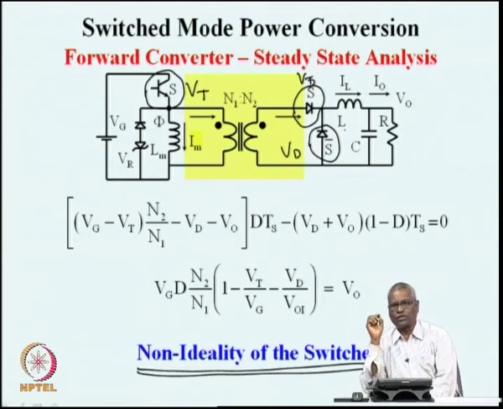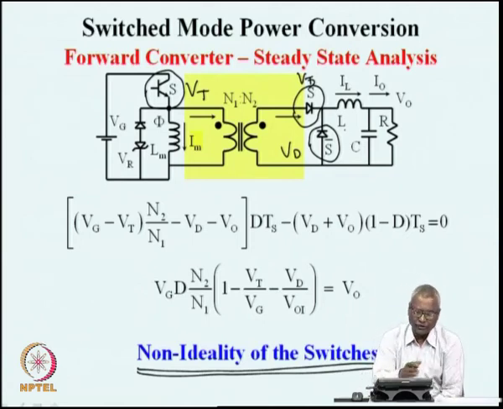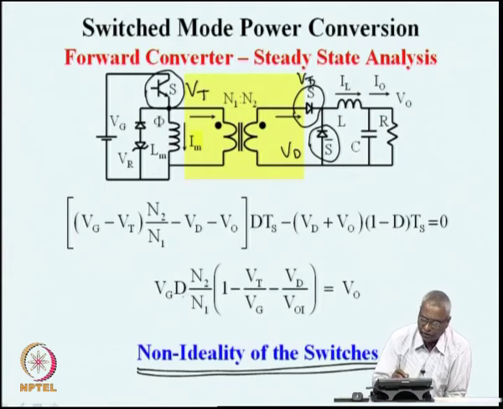So, if we neglect all other things, you will find that the volt-second balance on the inductor is determined by Vg minus Vt, which is the voltage across the transistor, and the difference between them is now across the transformer primary. So, the primary voltage into N2 by N1 will be the voltage across the secondary.